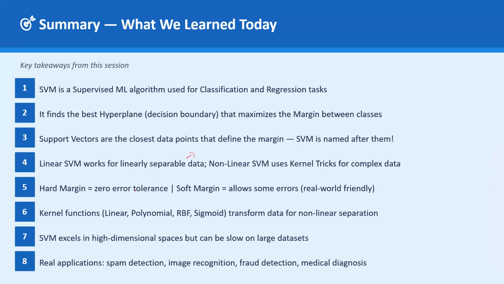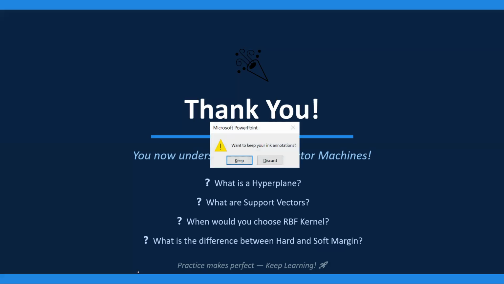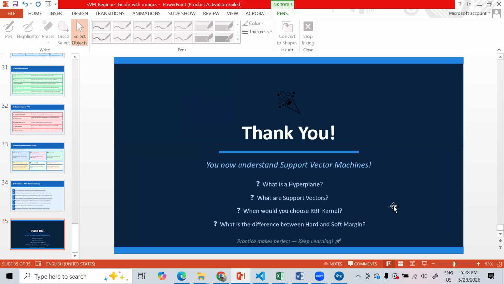This we have also understood till now, and the hard margin, the soft margin, and the kernel tricks, and where exactly SVM works excellently, and how it works, right? The real-time applications like spam detection, image recognition, fraud detection, and medical diagnosis also. Okay, this is the way we can understand this so clearly.